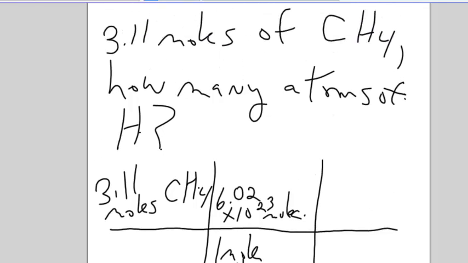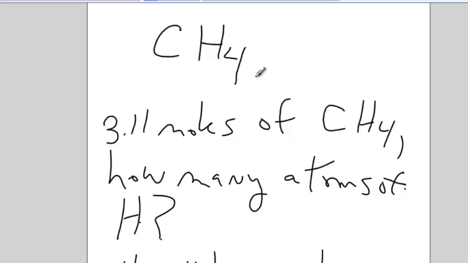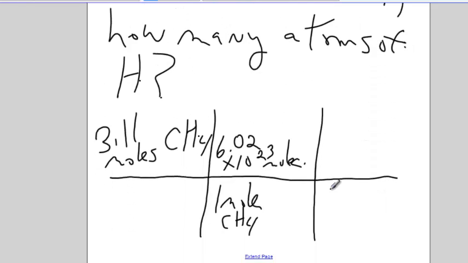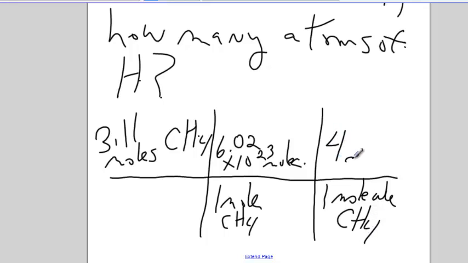Now, take a look at this molecule. This subscript, and the one that's assumed here but not written here, tell me how many of these atoms are in the molecule. For every 1 molecule of CH4, I have 1 atom of C and 4 atoms of H. So, I can say for every 1 molecule of CH4, there are 4 atoms of H. That's how I'm going from moles of methane to atoms of hydrogen.